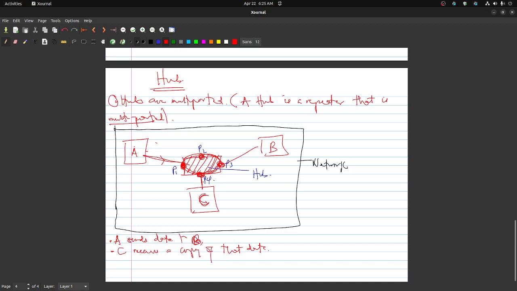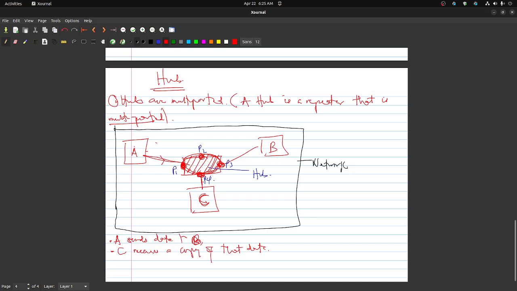And so if you have thousands of computers on a network, and a computer is sending data to just one computer, that means the remaining 998 computers will receive that data, even though it is not meant for them. I know it is difficult to see a hub that has 1000 ports, but I'm just using that as an illustration.